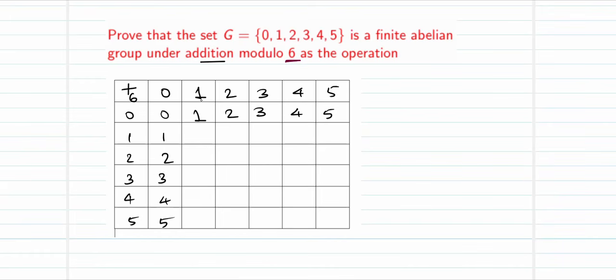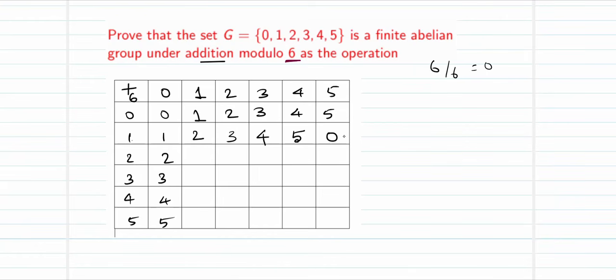Next, coming to 1 plus 1 is 2, 2 is less than 6, 1 plus 2 is 3, 3 is less than 6, 1 plus 3 is 4, 4 is less than 6, 1 plus 4 is going to be 5 which is less than 6, 1 plus 5 is going to be 6, 6 is going to be greater than or equal to 6. So what you'll have to do is divide 6 by 6. What is going to be the remainder? It leaves the remainder 0.